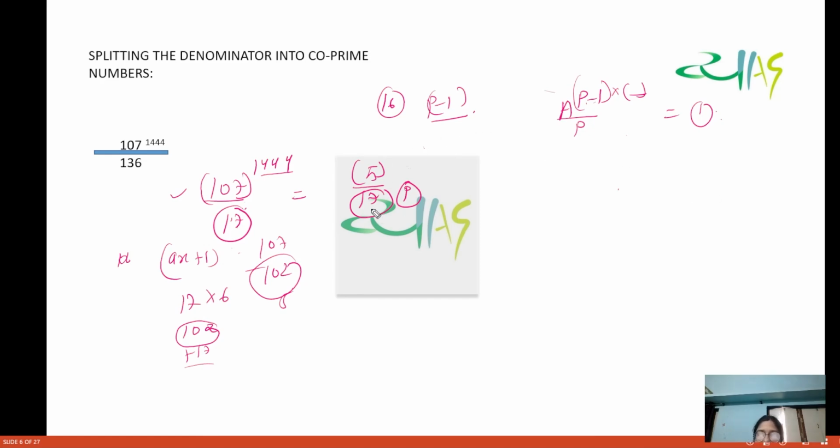I already told you this, that we can do this in the form of multiple as well. Now we have 5 by 17 to the power 144. All right. So how we can do this?